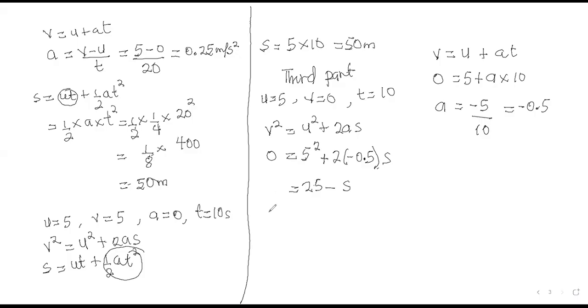Therefore, s is equal to 25 meters. So at all the stages, these are the distances traveled. When you add together everything, you have 50 plus another 50 plus 25. And that is equal to 125 meters.